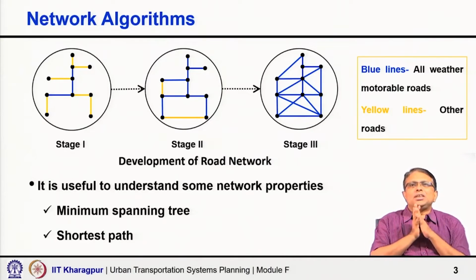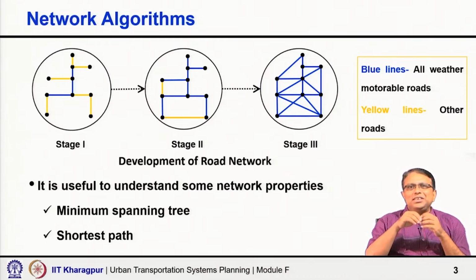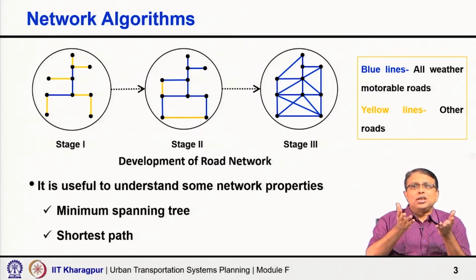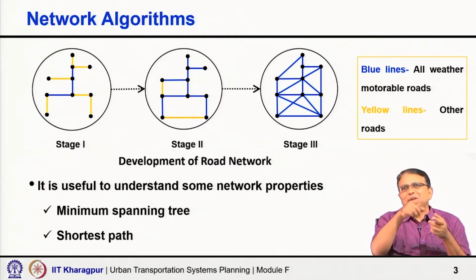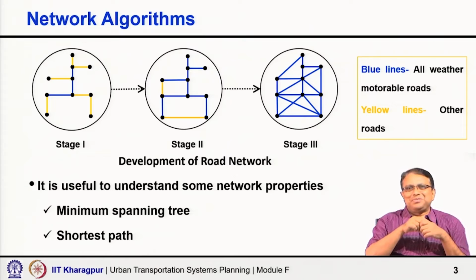Just ensuring connectivity with minimum route length. That is the minimum spanning tree. And then finally, as you are moving towards stage 3, you want to assign traffic. In stage 2, traffic has no alternative. If somebody has to travel, they travel along this path only, because there is no loop, no alternative link.